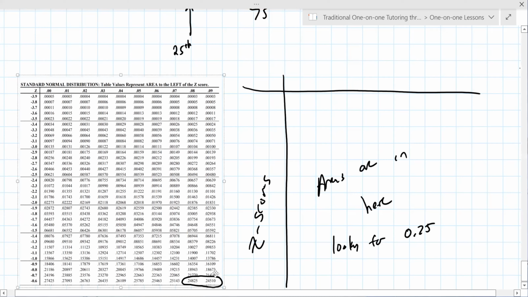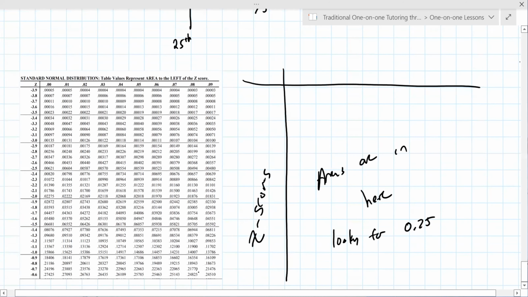See how 0.25 is between those two values. So that's between minus 0.67 and minus 0.68. And if it's not clear how I got that, that's the minus 0.6 and then the 0.7 and the 0.8.